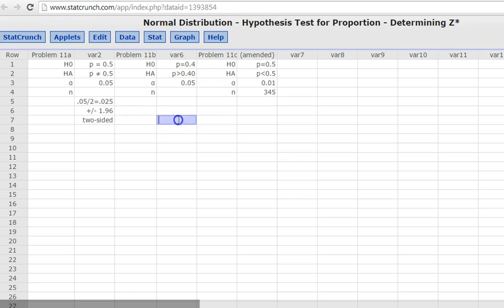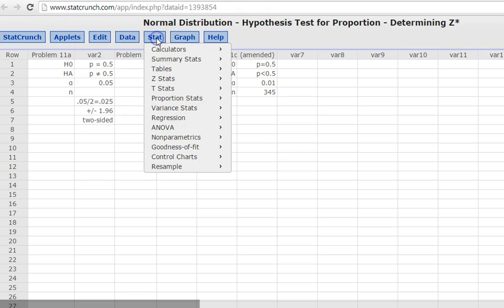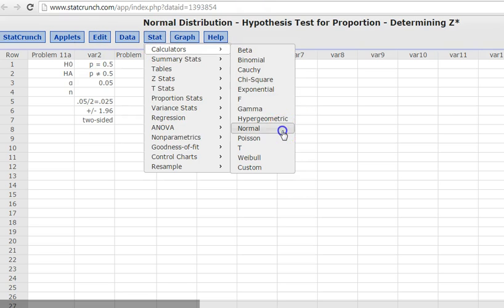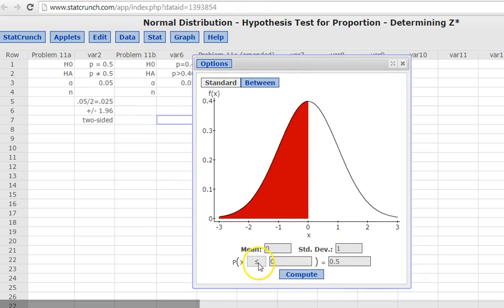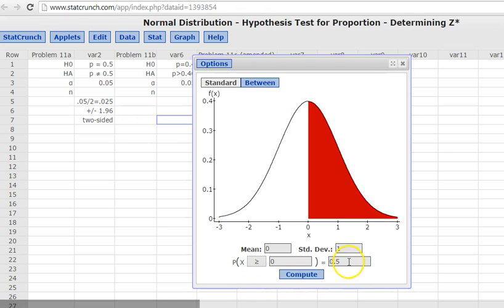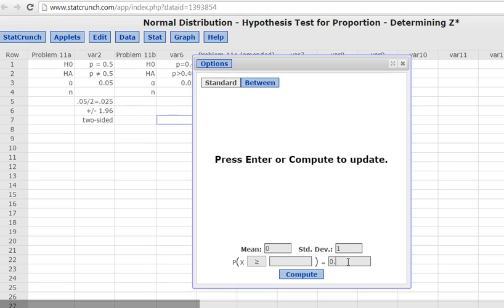It's one-sided. So let's go to Stat, Calculator, Normal. We come down here. It is greater than. We click on our drop box, greater than. We come over to the right-hand side and input 0.05, and we click compute.